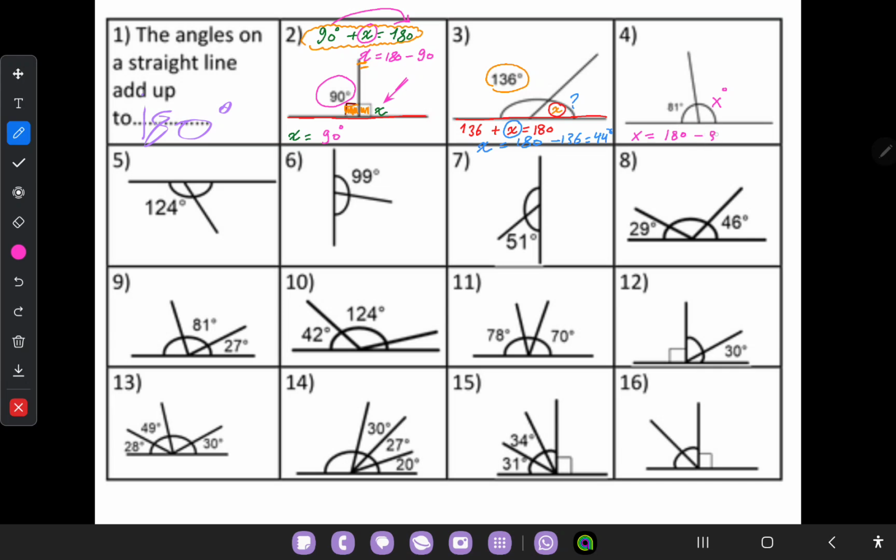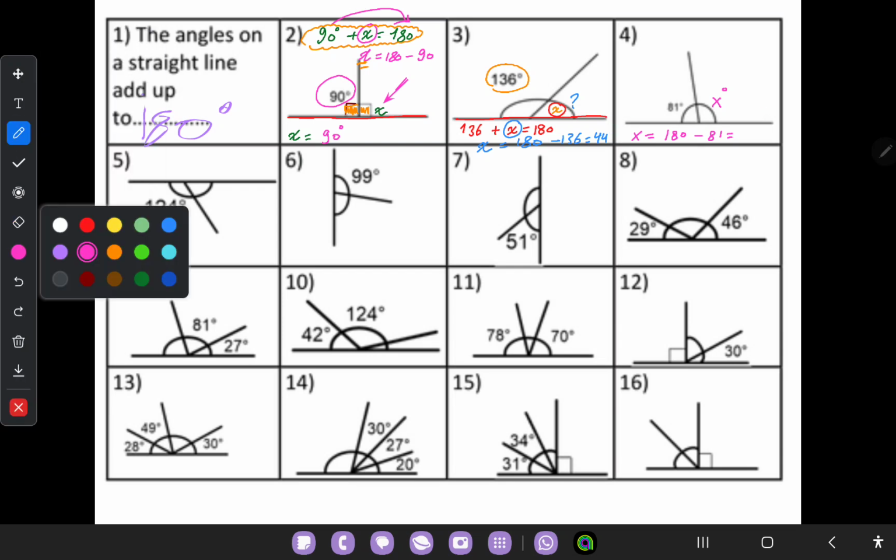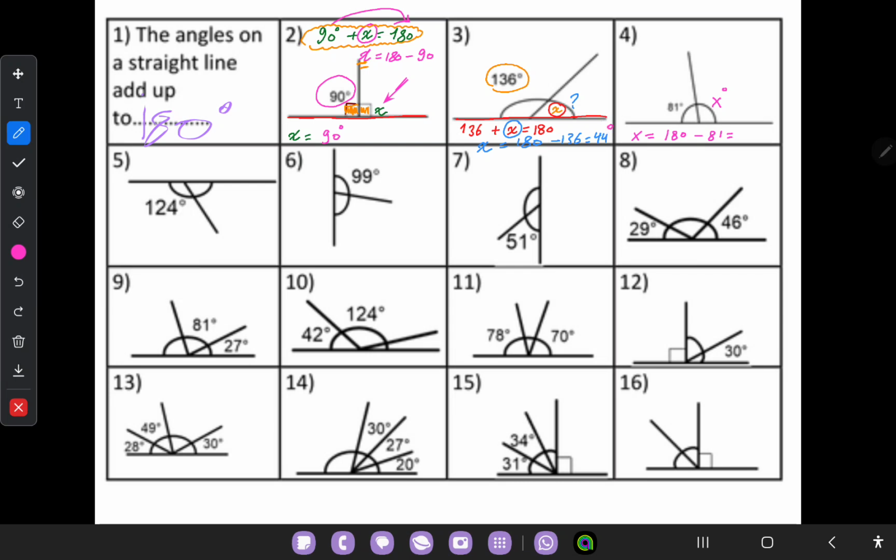We have to subtract. That would be 99 degrees. Yes, very good. 99 degrees.